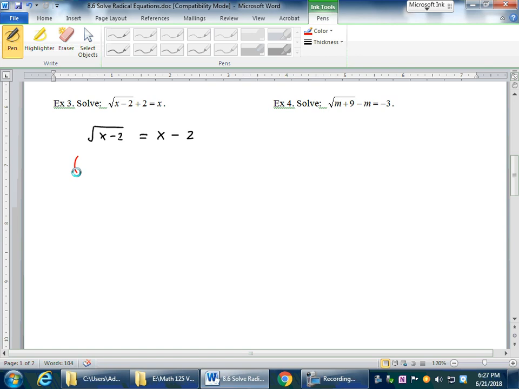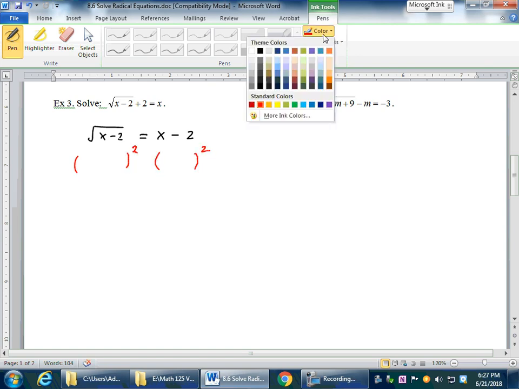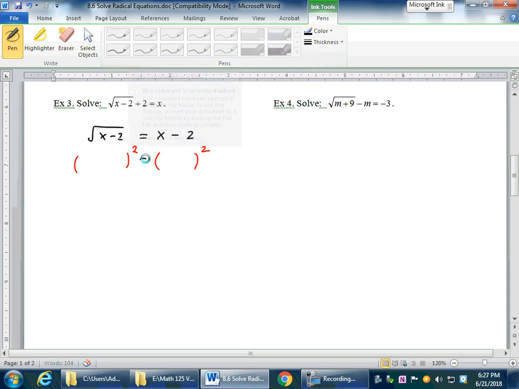In this case, square root, so the index is 2, so we raise to the power 2 on both sides. So the entire left, entire right, you will be raising the power. Square root of x minus 2, squared. Square and square root cancel out, so it will become x minus 2.